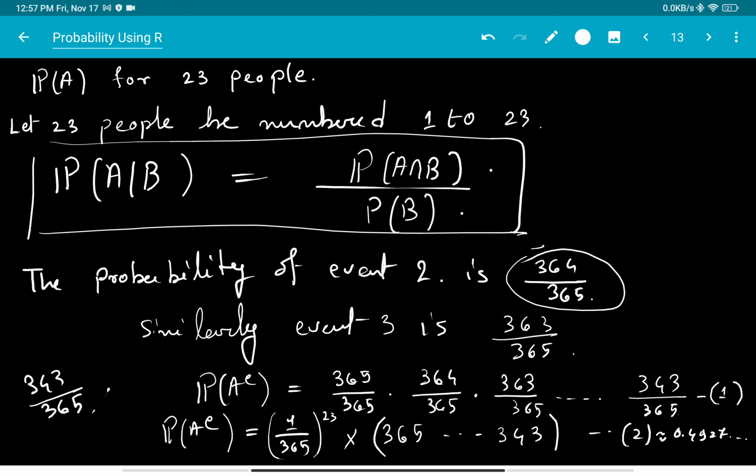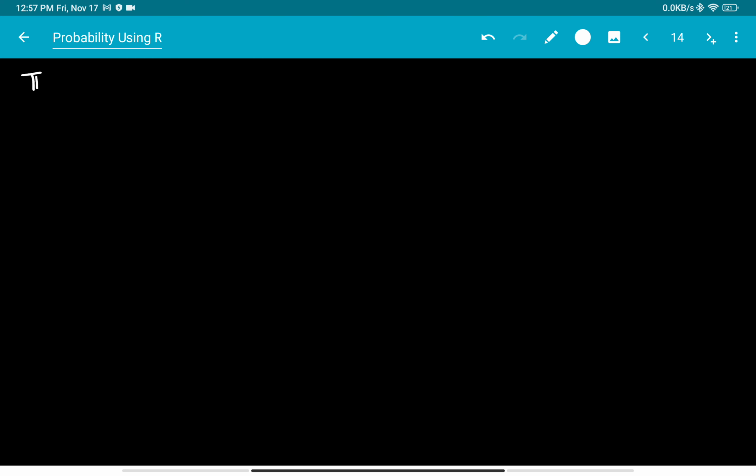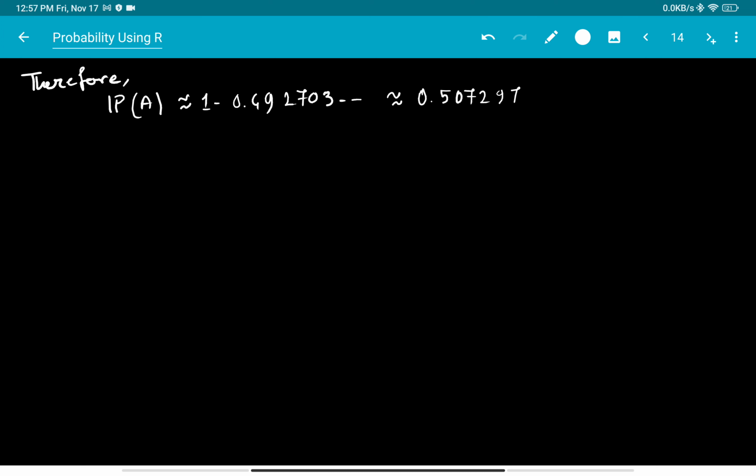Therefore the probability of A is 1 minus 0.492703, which is approximately 0.507297.